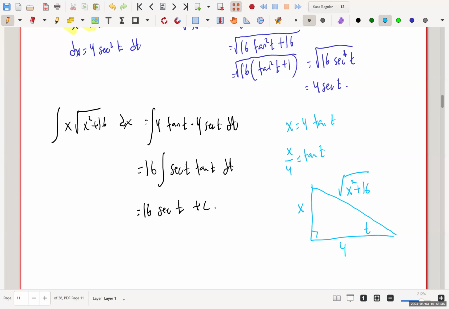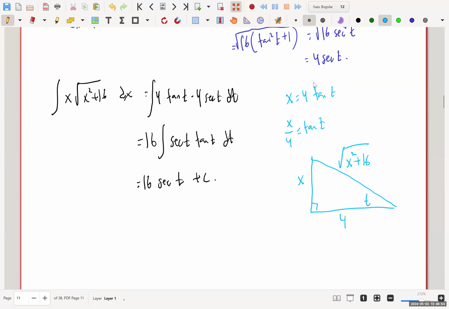I want the secant of t. I don't like working with secants, cosecants, and cotangents, so I'm going to put this in terms of sines, cosines, and tangents. Secant is the reciprocal of which function? Cosine.